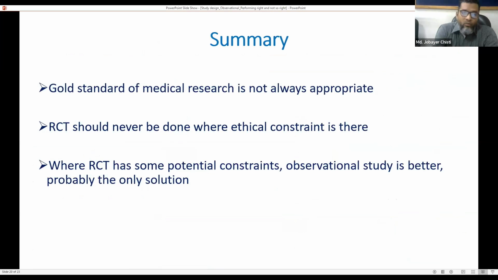So in summary, I want to emphasize that RCTs used to be considered the gold standard, but they are not always the gold standard for medical research, because sometimes RCTs need to withhold some very good treatment from the control group. So an RCT should never be done where there is an ethical constraint, and where an RCT has some potential constraints, an observational study is better, probably the only solution.